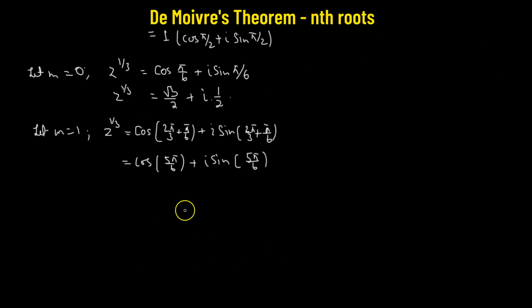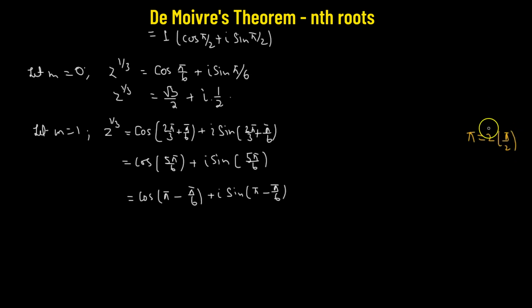Now 5 pi over 6 means cosine can be also represented as cosine of pi minus pi over 6 plus iota times sine of pi minus pi over 6. Now what is pi? Pi actually means 2 times pi over 2.